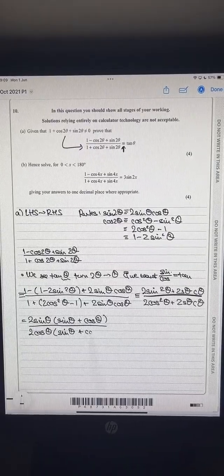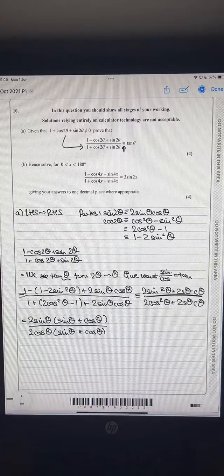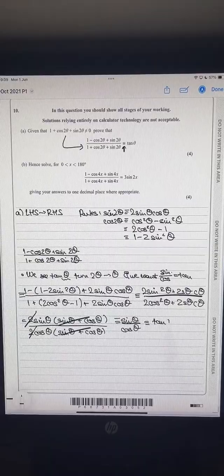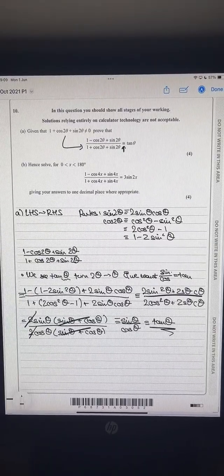Then I've got sine theta plus cos theta, I've just switched them around, and then you've got sine theta plus cos theta over sine theta plus cos theta, so you can just cancel these through, so then you just have sine theta over cos theta, and that is equal to tan theta as we wanted.